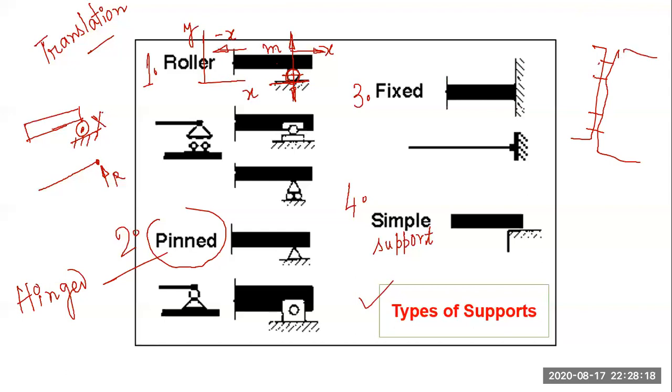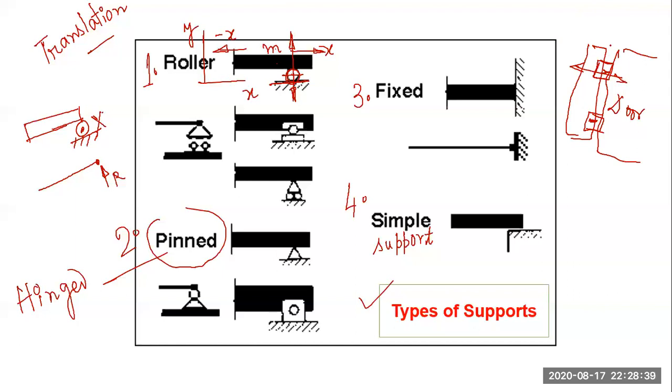So the window can rotate about this point, and also due to this 2-point hinge, this is the wall. Due to this 2-point hinge, the door or the window cannot move or translate along this direction.